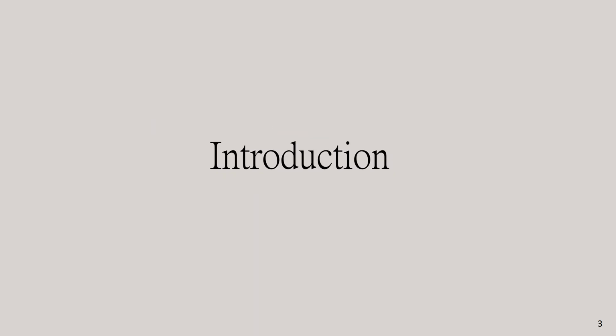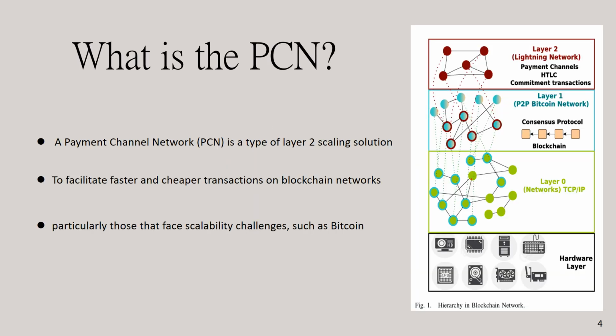Part 1. Introduction. The Payment Channel Network (PCN) is a Layer 2 solution for the Bitcoin network designed to address scalability issues and solve the problem of slow transaction speed and high cost.